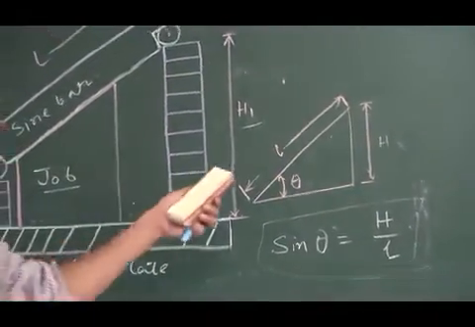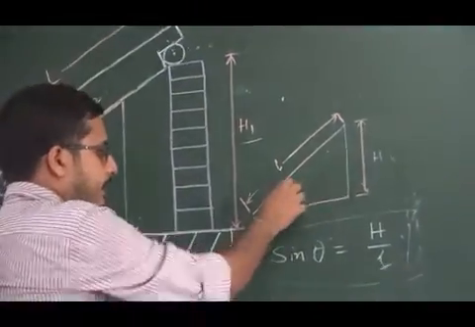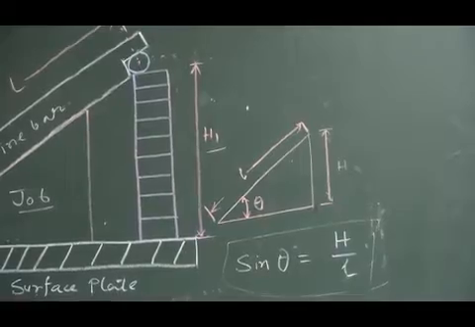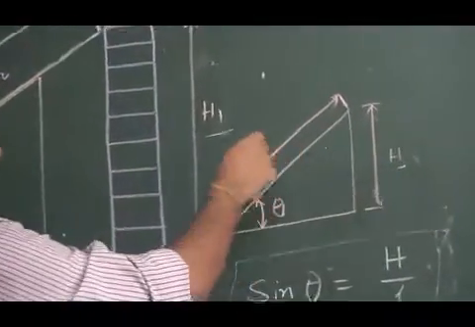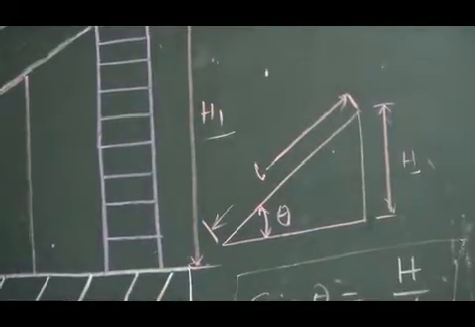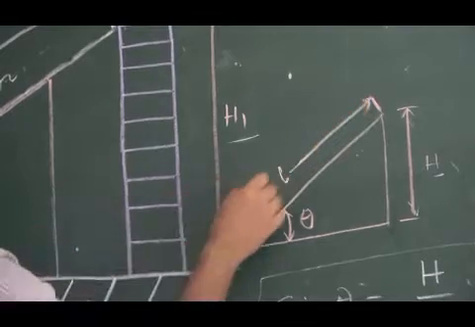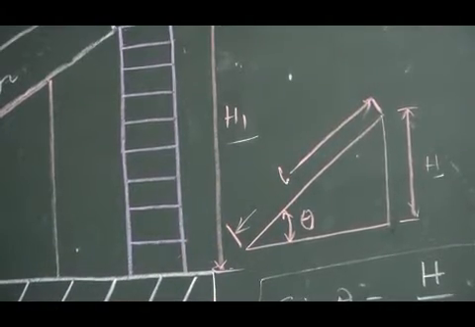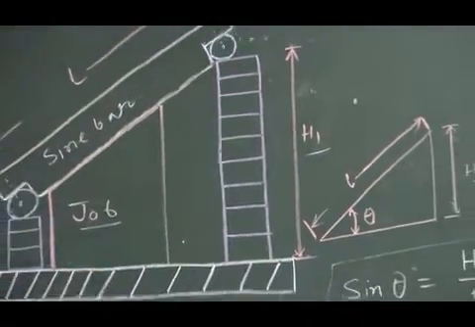It is a right angle triangle, and this is the angle theta which we are going to measure. That is the height h, shown here as h1, and that is the length L of the hypotenuse, which is the length of the sine bar.